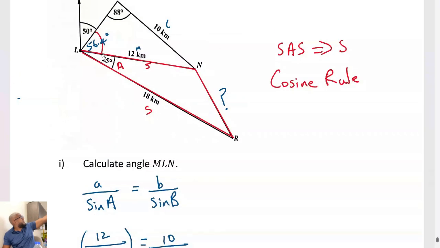So the angle will be 25 and the side opposite the angle will be NR, what they're asking for. Everybody good there? So small a is NR.